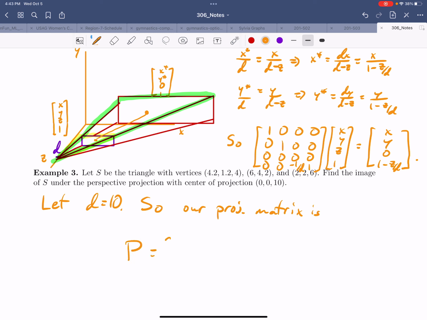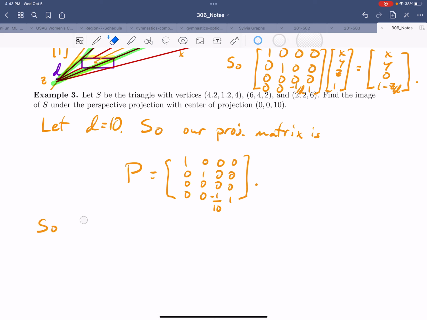It's going to be P equals 1, 0, 0, 0, 0, 1, 0, 0, 0, 0, 0, negative 1 over d, 0, 0, 0, 1. Or sorry, and I guess that's actually negative 1 over 10 is what that is.